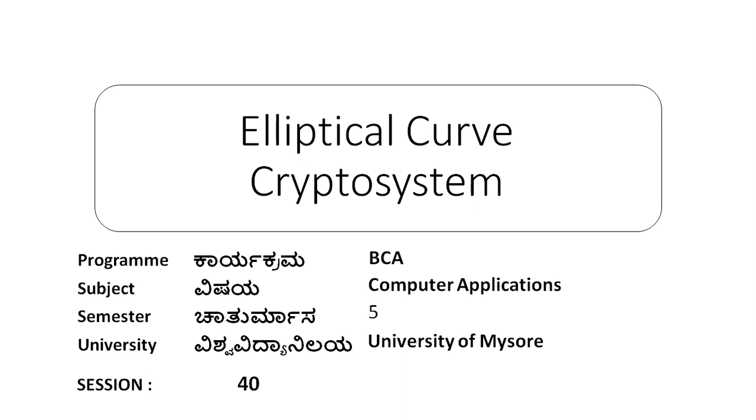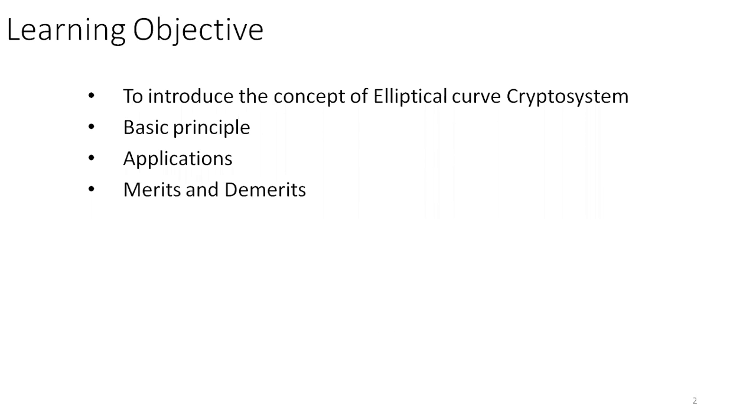In today's class, I'm going to explain another algorithm in network security called the elliptical curve crypto system. I will introduce the concept of the elliptical curve crypto system, the principle behind which the algorithm was designed, where we can use it, and what its merits and demerits are.